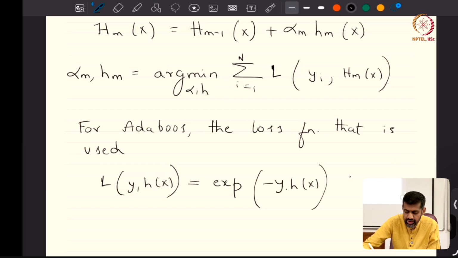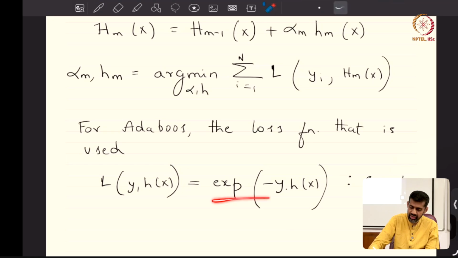This is called the exponential loss. If you remember the definition of a loss function that we had, it should take inputs y and h of x and it should give you a non-negative real number. Is it doing it? This is taking y and h of x as inputs, and because it is an exponentiation, it is always non-negative.